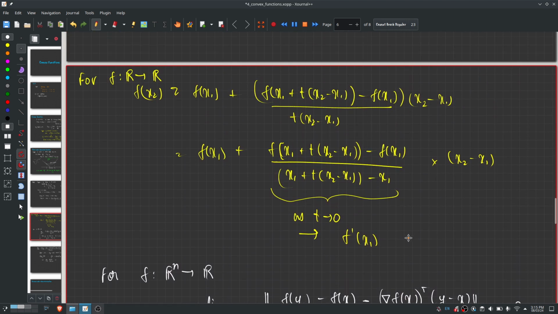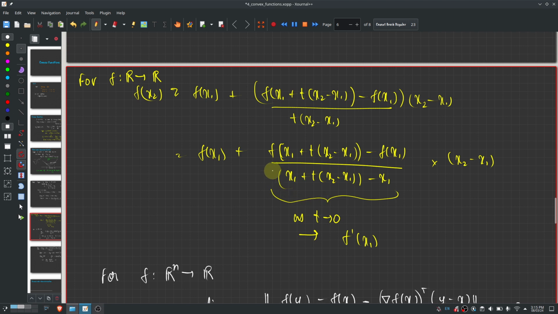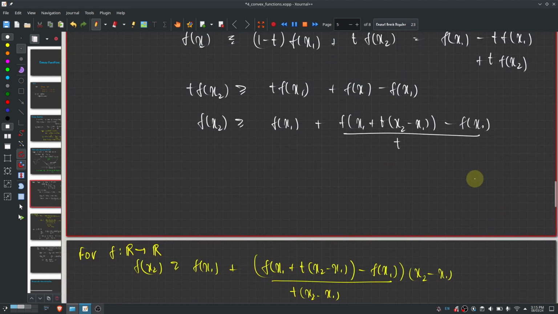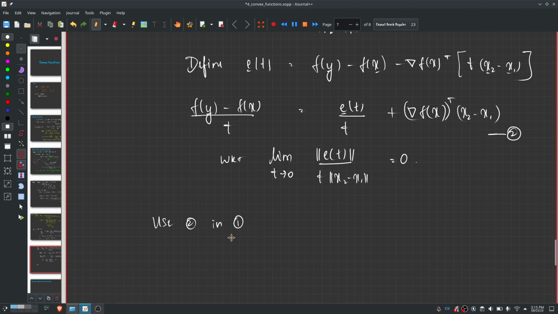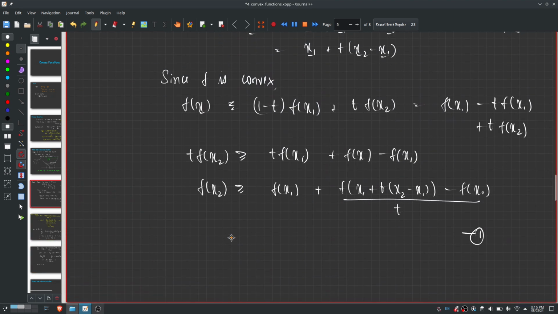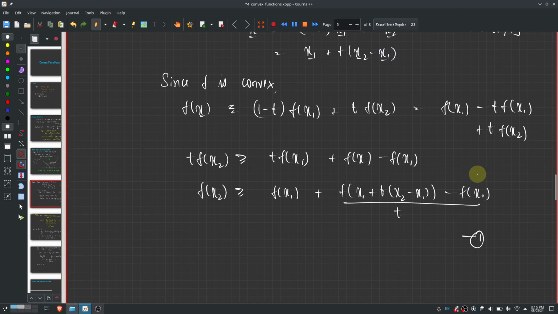So let's go back to what we had over here. Let me call this equation 1 and let me call this equation 2. This particular quantity would just be equal to e of t by t plus gradient of f times x2 minus x1.